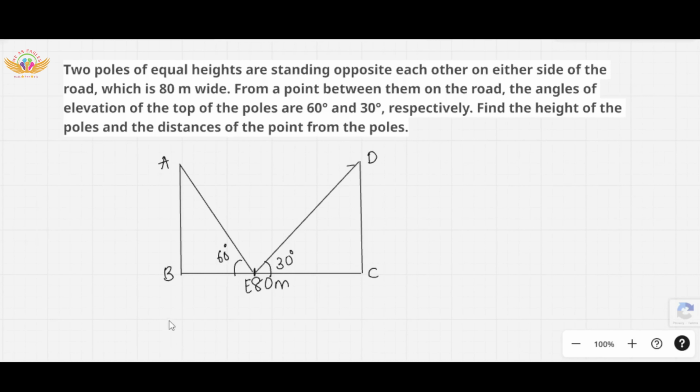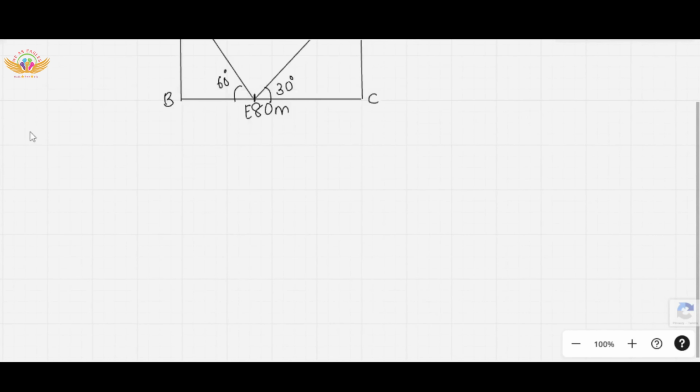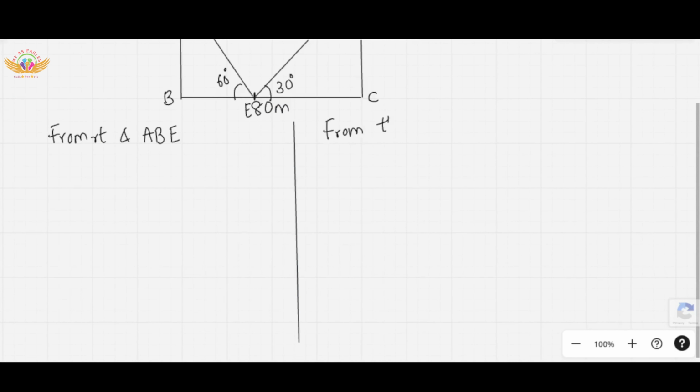So let me start solving this. First of all, from the figure, from the right angle triangle ABE is the first step that I'm going to take, and from another right angle triangle DCE. Done.